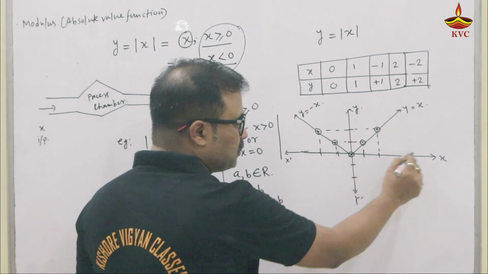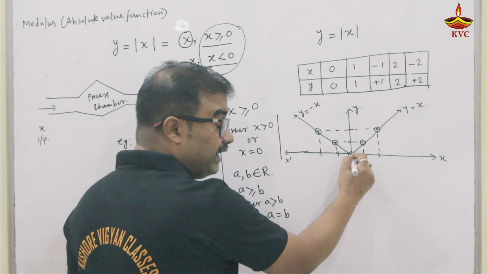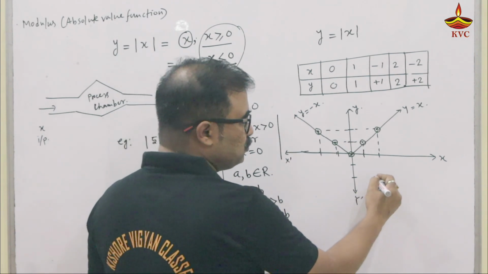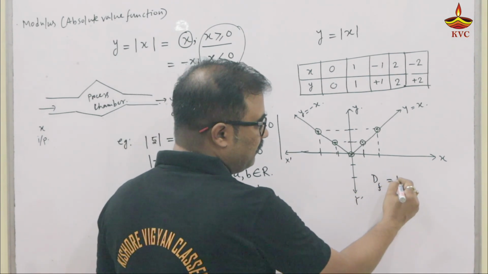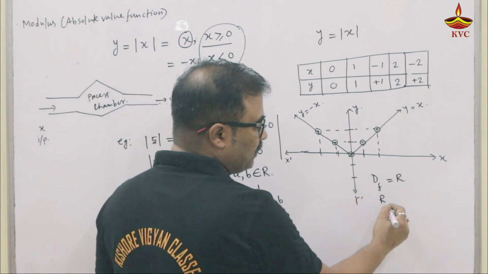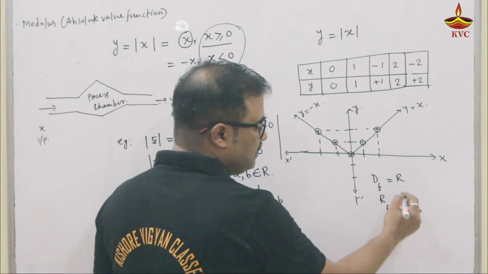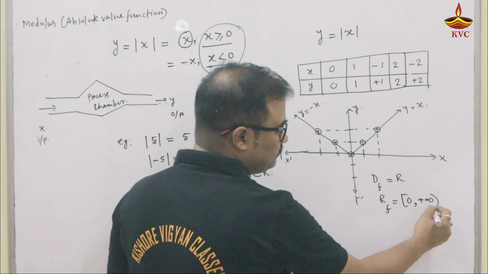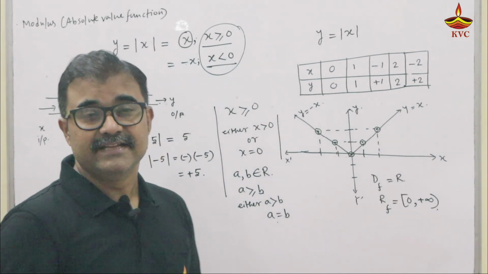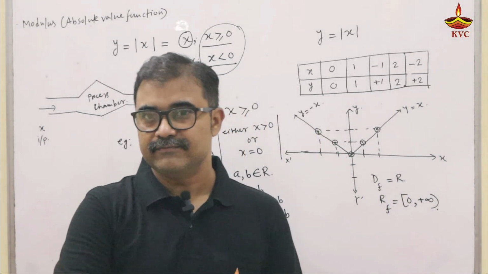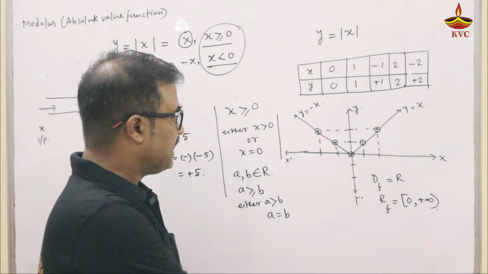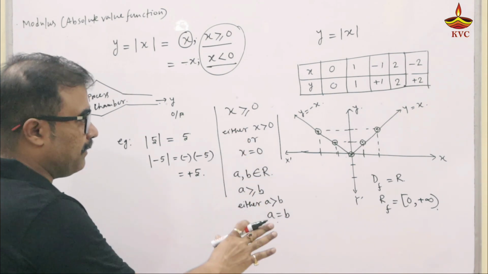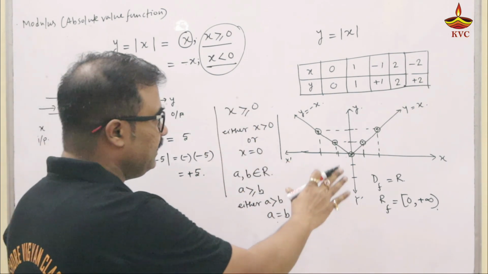But x can be positive as well as negative, including 0. So x can be any real number. So the domain of the function is all real numbers, while the range of the function is restricted between 0, in the third bracket, and plus infinity. As infinity is always open, it is usually a first bracket. So that's how we get the modulus graphically.